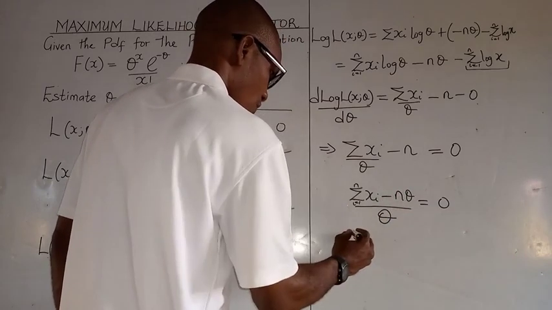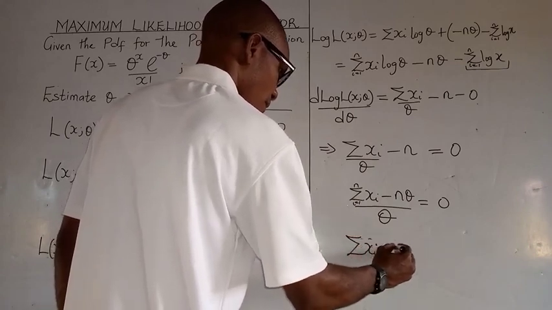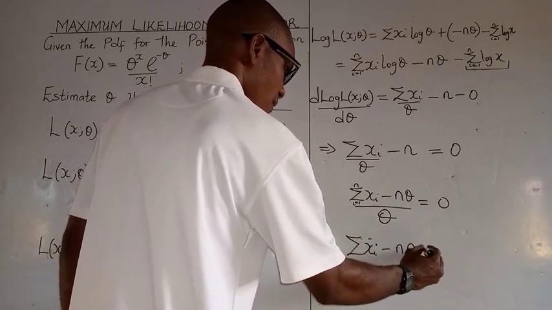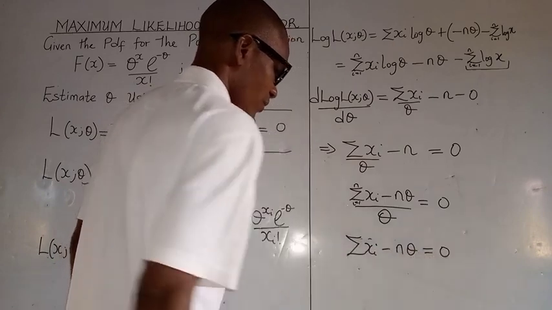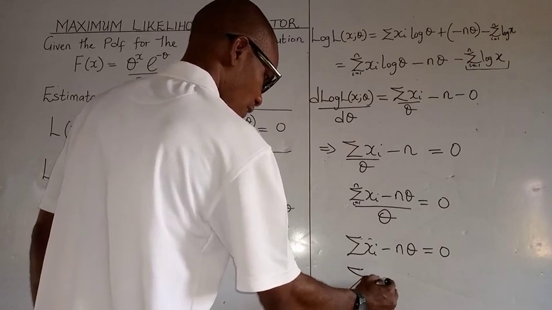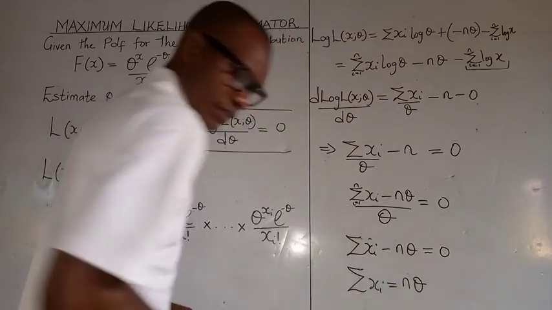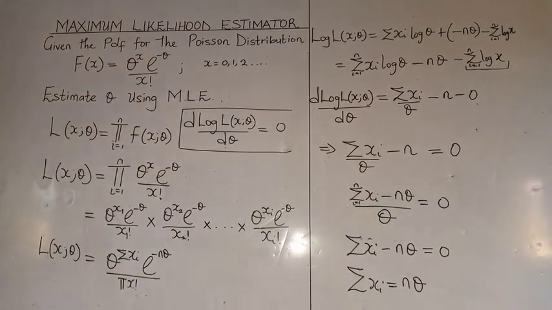That means summation of xi is equal to n theta. So we come here to round it up.